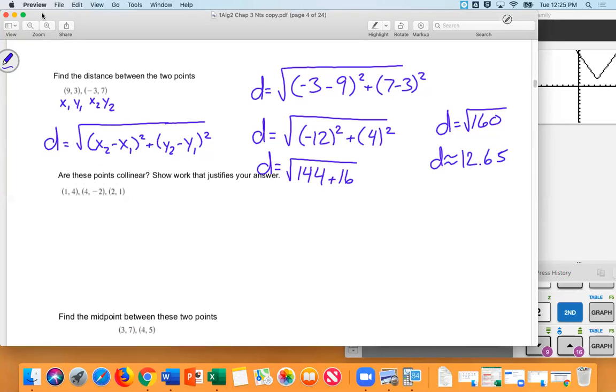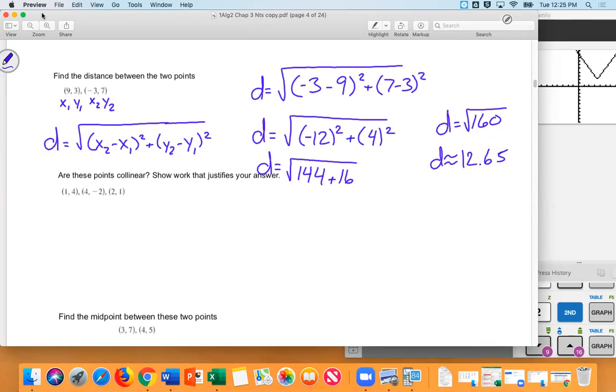Yeah. 144, 169. Those are my two perfect squares, right? 144 is 12 squared. 169 is 13 squared. So I know 160 is between 144 and 169. It's obviously closer to 169. It's a little over halfway, right?